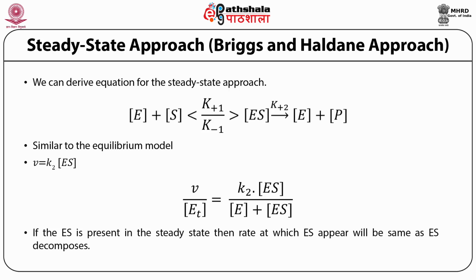If the ES complex is present in the steady state, then the rate at which ES appears will be the same as the rate at which ES decomposes, because this leads to the steady state.